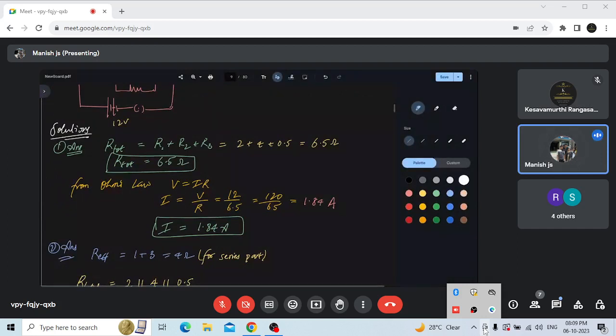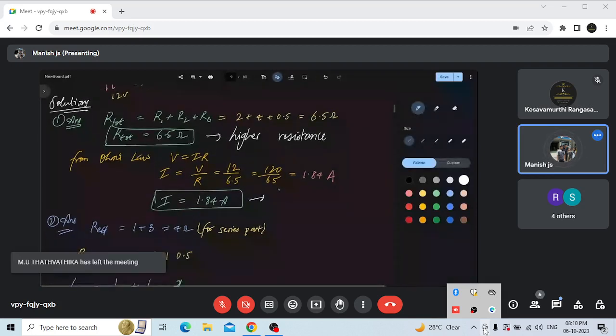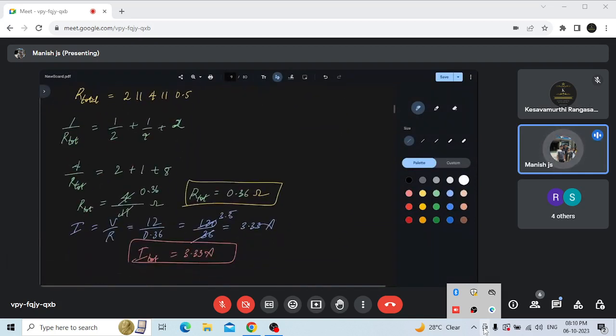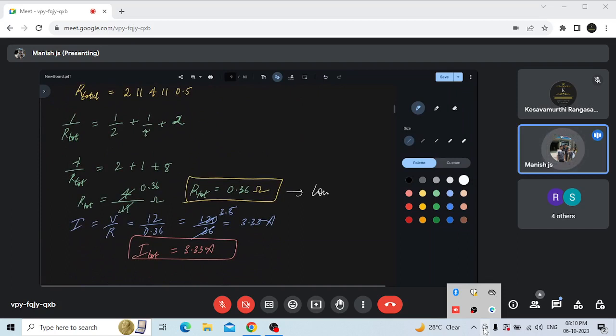So higher resistance means what? Higher resistance infers lower current. Right. But here you have lower resistance.